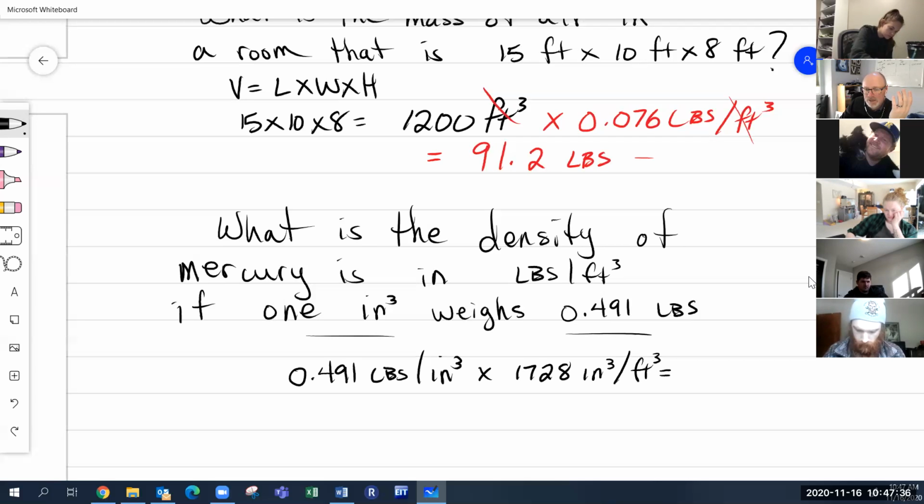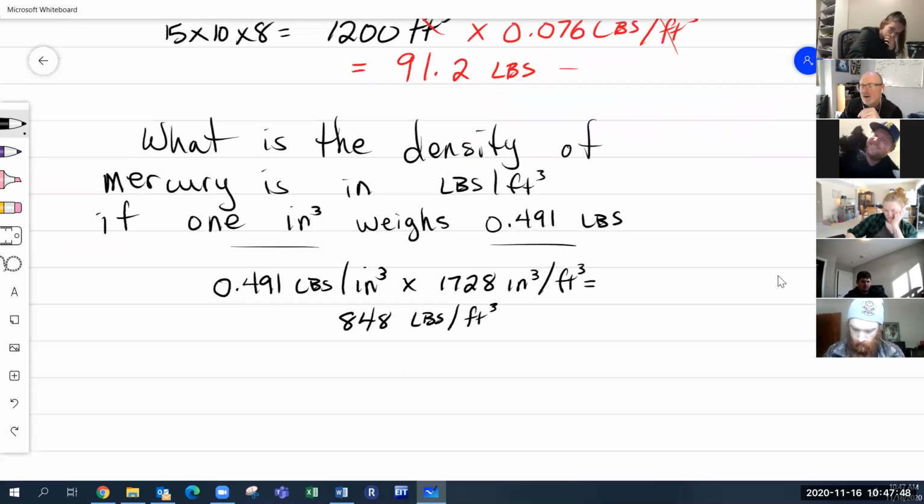And that's going to come out pretty close to the density of mercury, 848 pounds per cubic foot. Pretty close, 847, 848, yeah, right there. Very good.